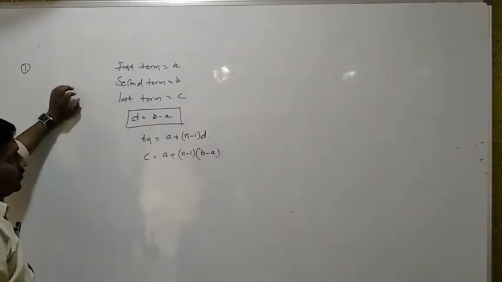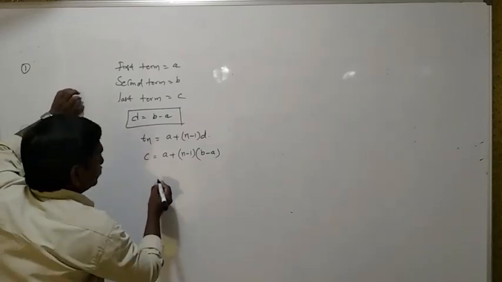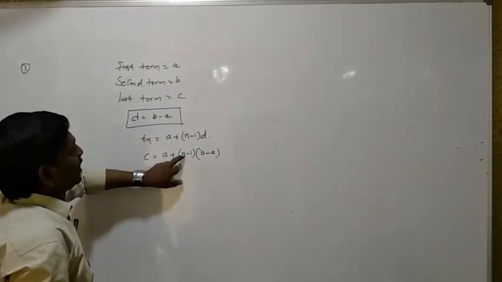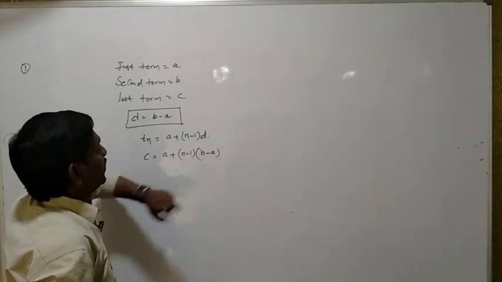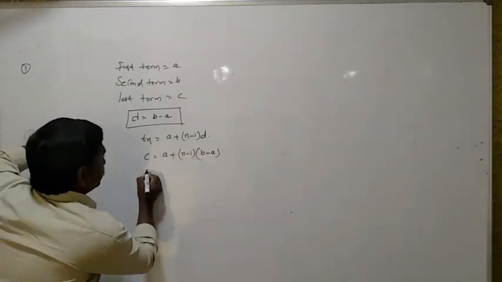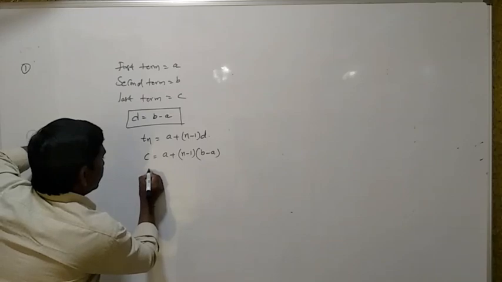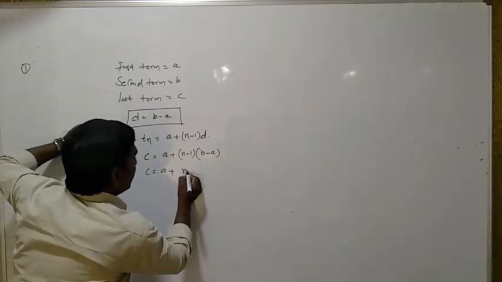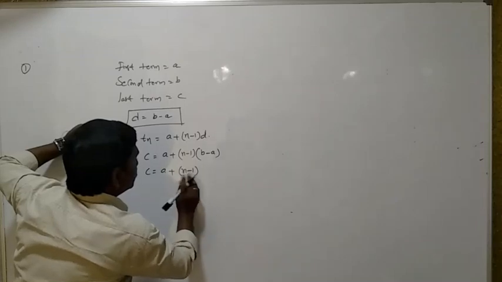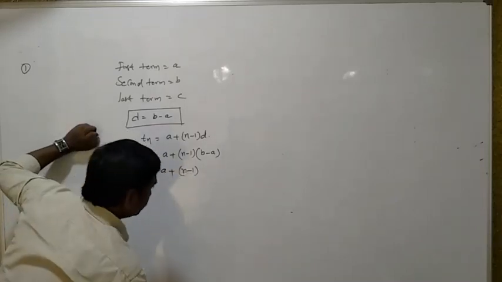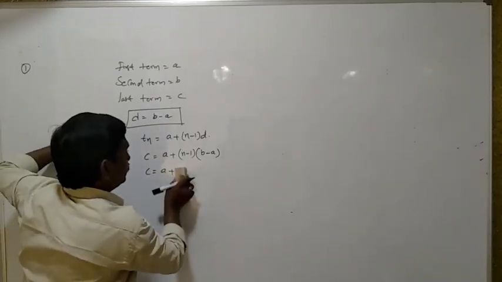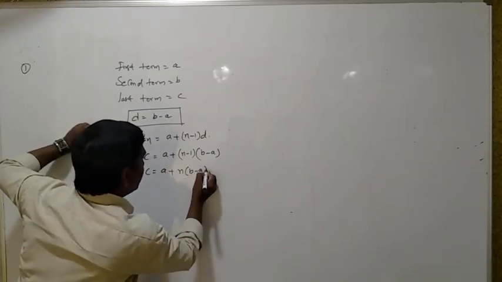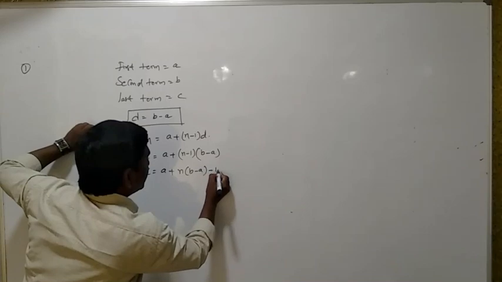And C equals A plus (n minus 1) into (B minus A). C equals A plus n into (B minus A) minus 1 into (B minus A).